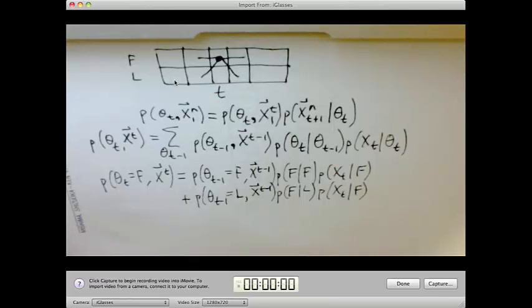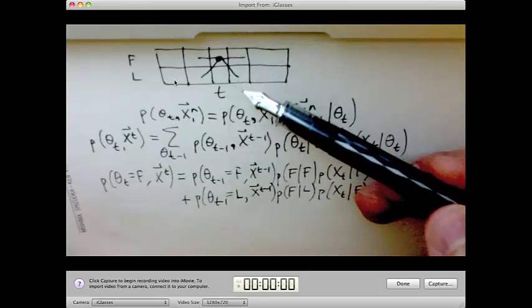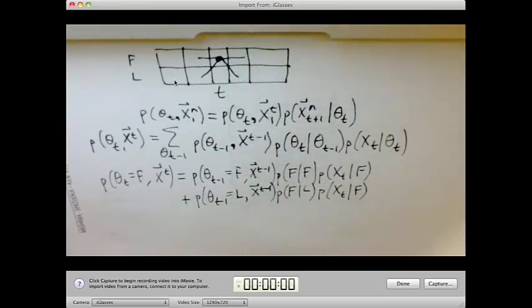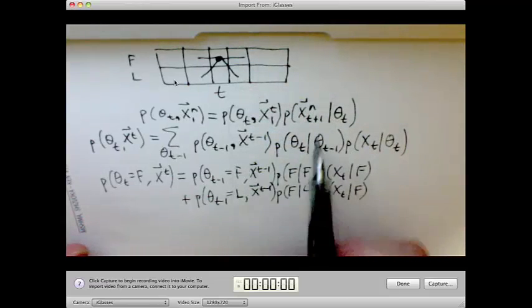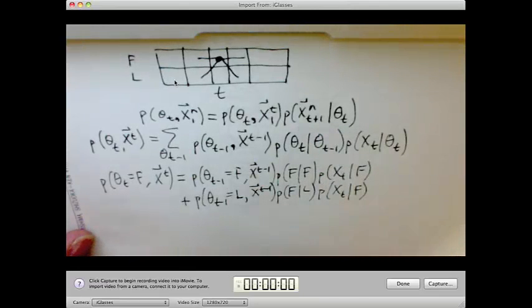The backward component we can write more or less in the same way. So we already wrote what the form is going to be.